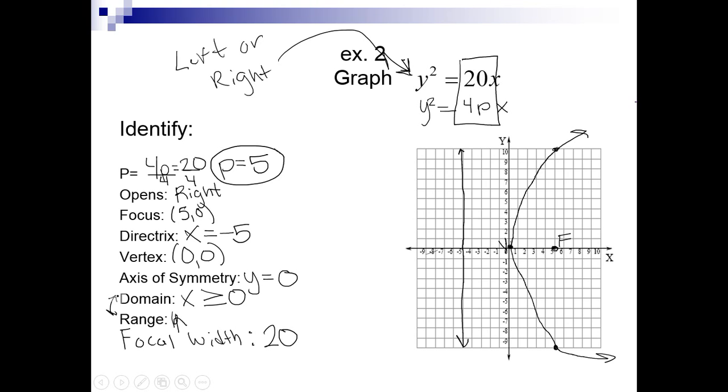Notice how these two flip-flopped. Just like on the original, we would have had all reals for domain, and y is greater than or equal to 0 for range. On a left or a right facing parabola, you are going to flip-flop your two answers around.